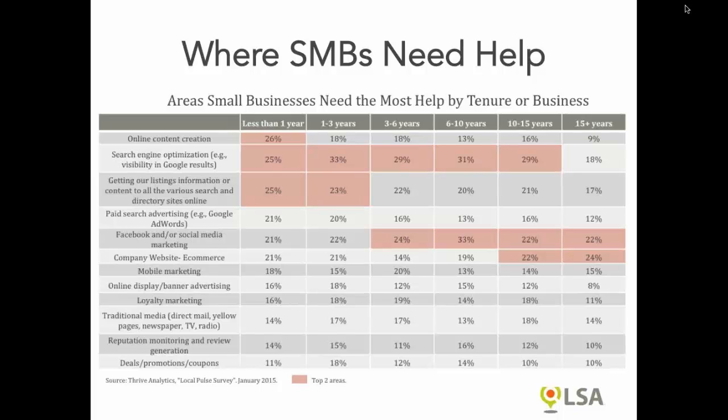Then website stuff and e-commerce for the bigger, more established businesses. So it's SEO, data syndication, and social media marketing, the three areas where the needs seem to be clustered.